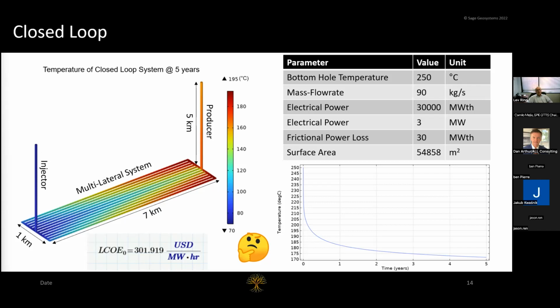Then you can do a heat exchanger analysis and find that if your reservoir was at 250 degrees, then in 5 years, the temperature will drop to 175. That assumes the reservoir was initially at 250 and a mass flow rate of 90 kilograms per second to get you 3 megawatt electric at the end.